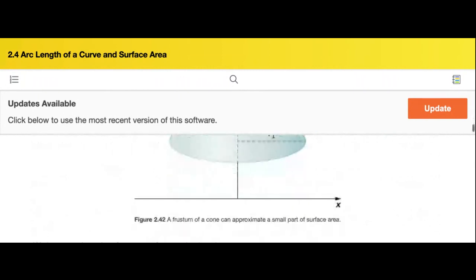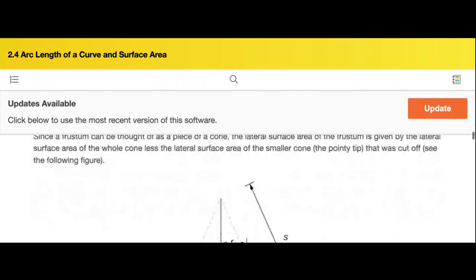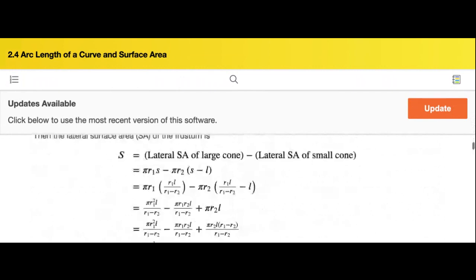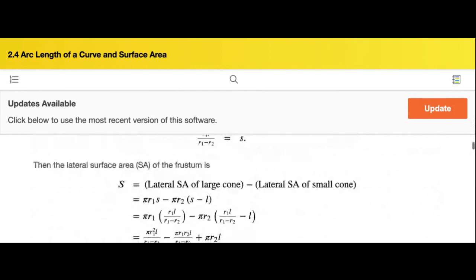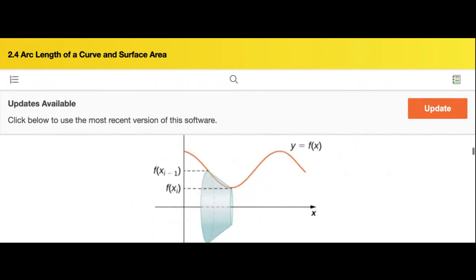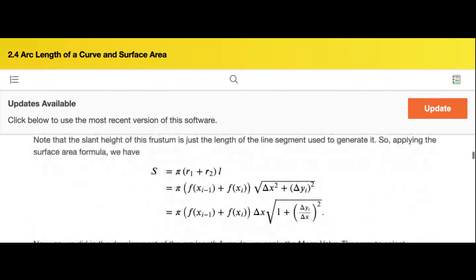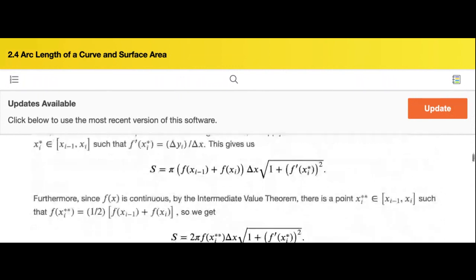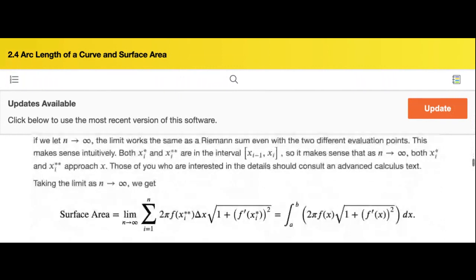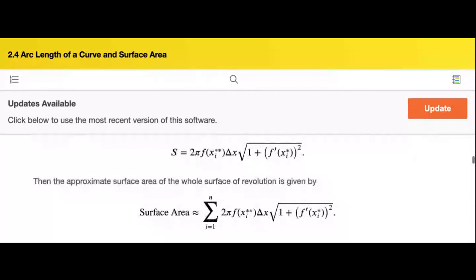Okay, I want to find an easy example first. Let's go with this.